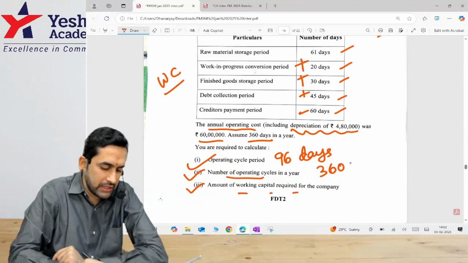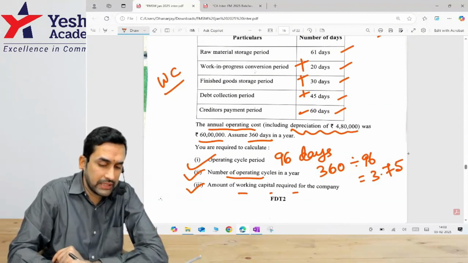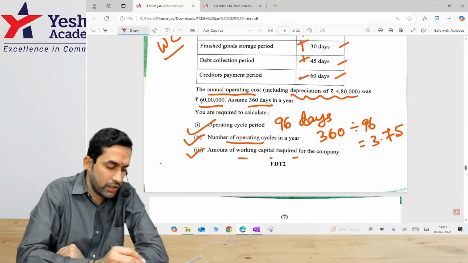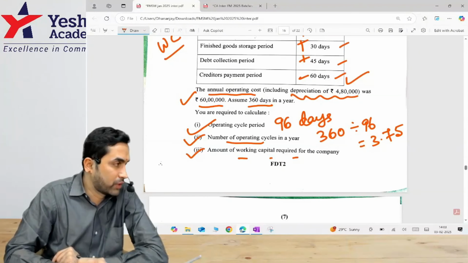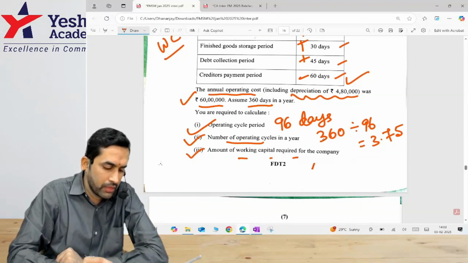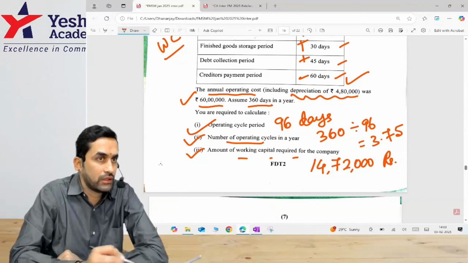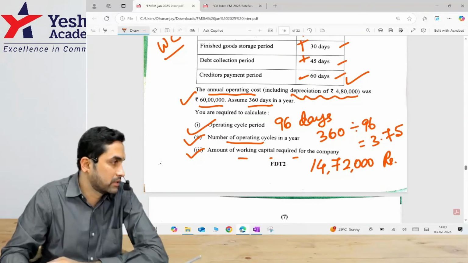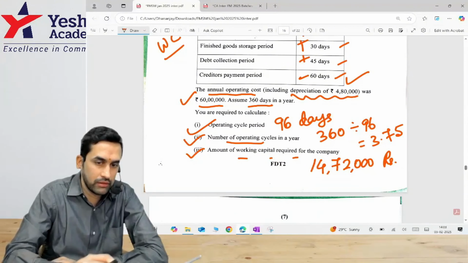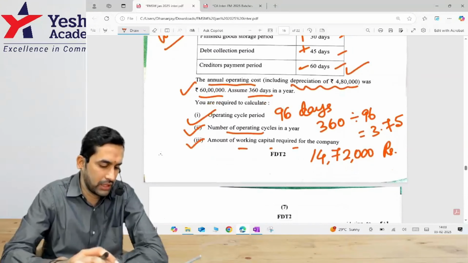If you take 360 days, 3 point exact, and then annual cost 60 lakh minus 4,80,000, 1472,000. Is that the final answer? Can you double check? 60 lakh minus 4,80,000 divided by number of cycles. Done. 3 numbers. They asked for 3 marks.